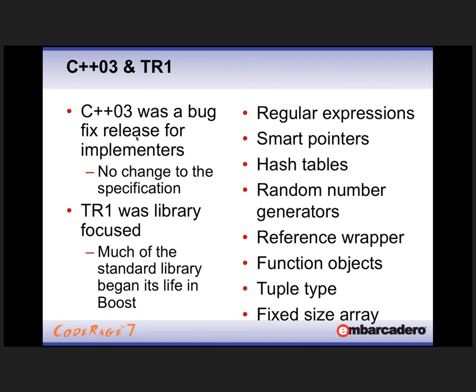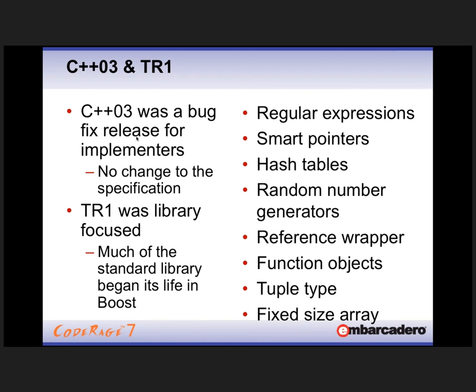So during those years, a couple other standards were released. In 2003, there was a bug fix, basically, for implementers like Borland or Microsoft or others. There was no change to the specification, though, so it was really considered, again, in quotes, a bug fix. In 2007, a library-focused release was made called TR1, which added a bunch of features as a technical report, meaning they weren't part of the specification yet, but they were earmarked to become part of it.